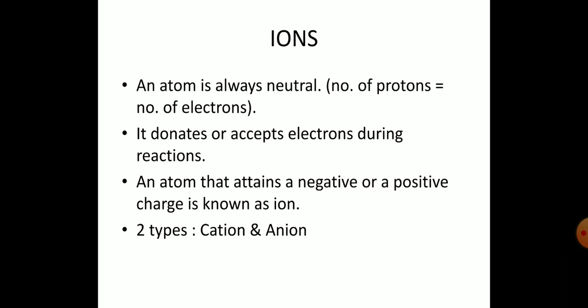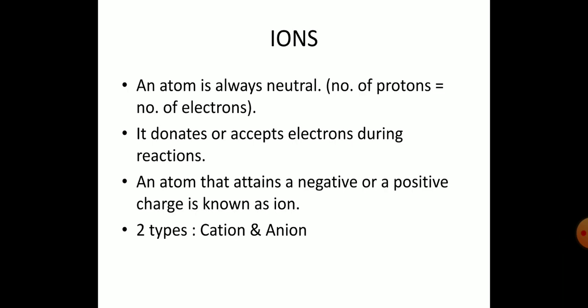Then, during chemical reactions, that is, when one element is reacting or combining with another element, it donates or accepts electrons. Donate means what? Give away. Accept means to take it inside. So it will donate or accept electrons according to the reactions.